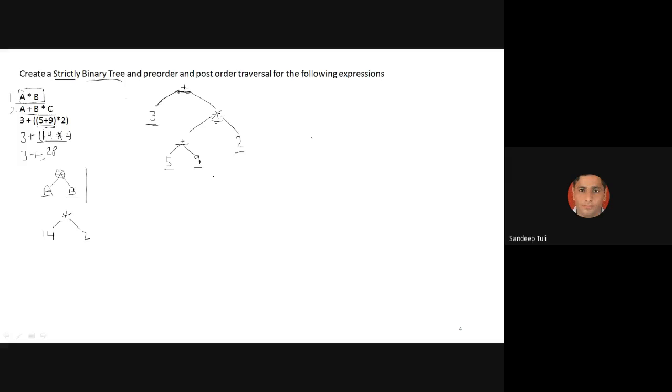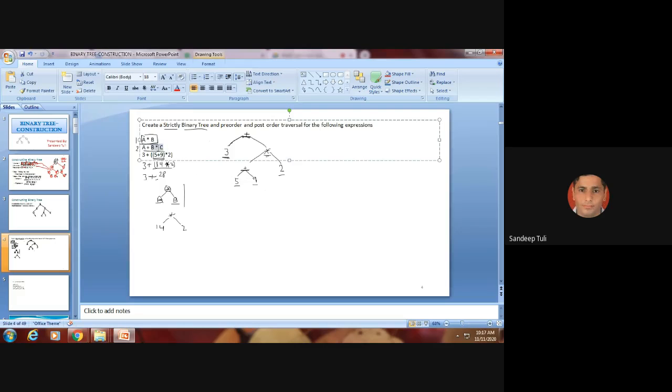Let me copy and paste. Okay, this particular question is there. Now let me put some brackets over there. A plus B star. So what will be the tree?